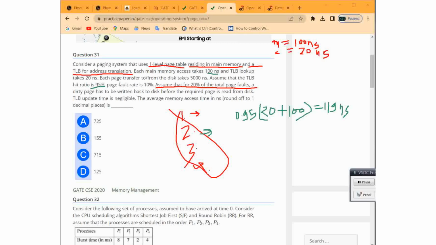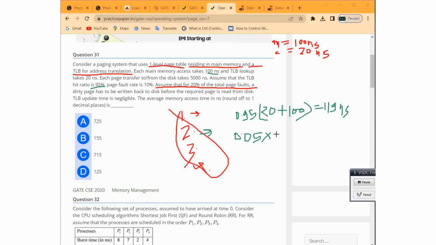Then the contribution of a TLB miss with the page in memory to the average memory access time is as follows. We say 0.95 is the hit ratio, then the miss ratio is 0.05. And we also see here that the page fault rate is 10%, so 90% of the page accesses are residing in the main memory.